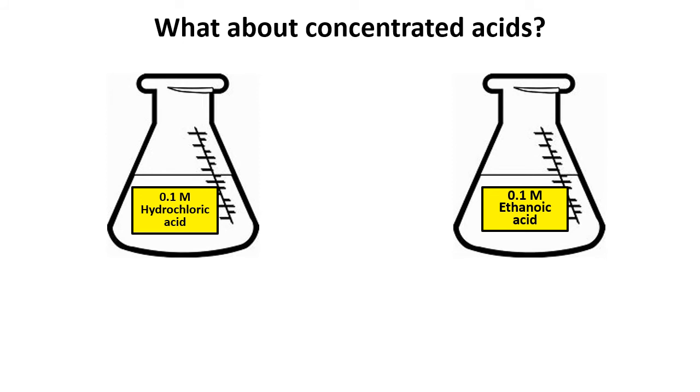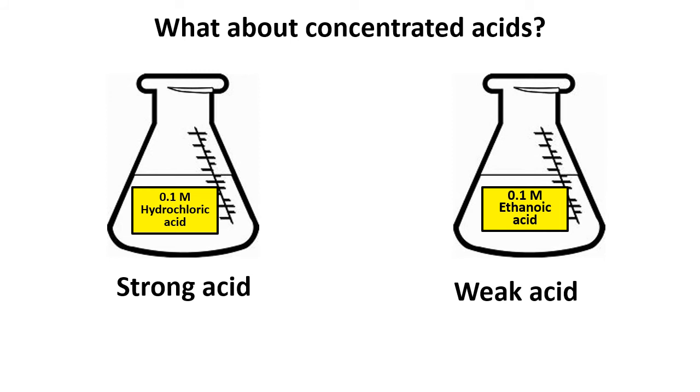Now I've got here hydrochloric acid and ethanoic acid in my conical flasks. I can tell that they are the same concentration because they both read 0.1 molar solutions. But what I know from my table earlier is that hydrochloric acid is a strong acid, but ethanoic acid is a weak acid.